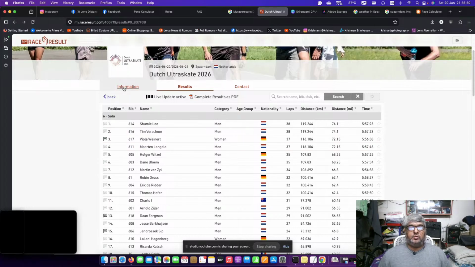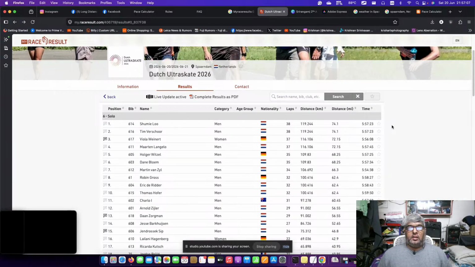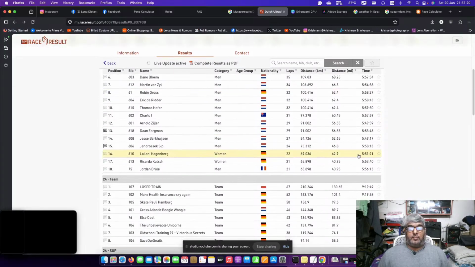When we went to the information page, we had a few other options: individuals, solo, team, and everything. In that, they had the pace for every rider, and how many laps each rider would complete at that speed.